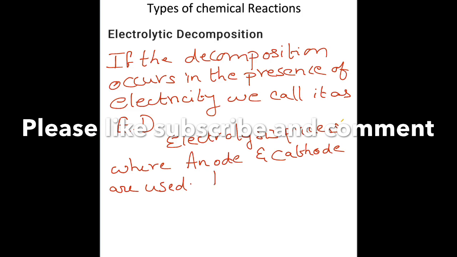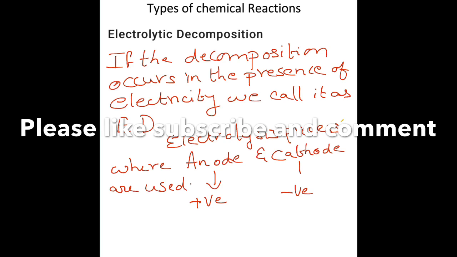Anode is a positive charge electrode and cathode is a negative charge electrode. If electricity is passed through cathode and anode, then the decomposition occurs.